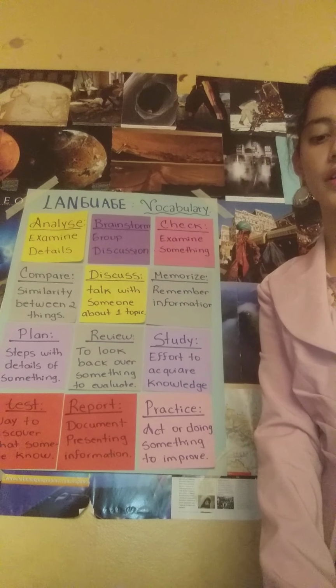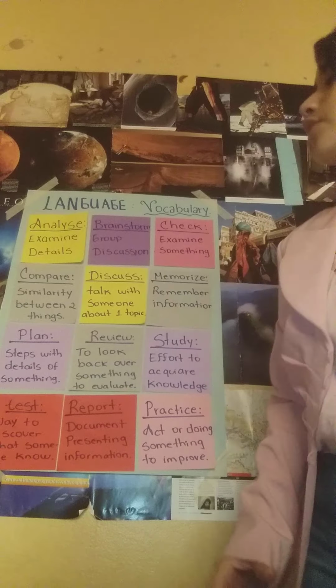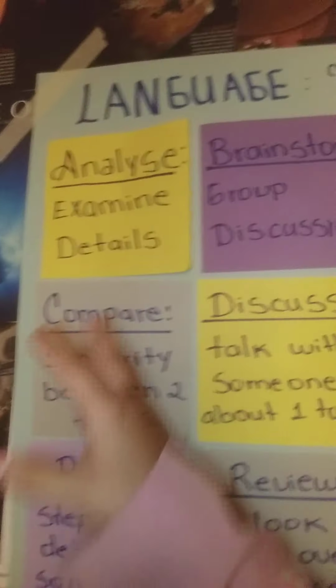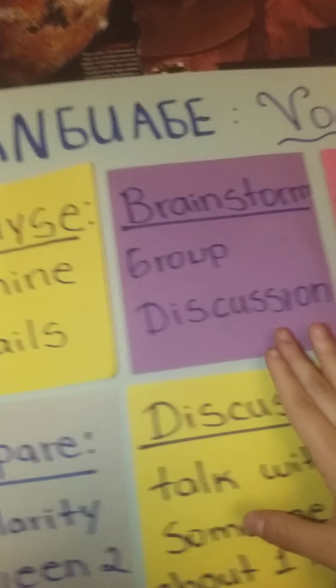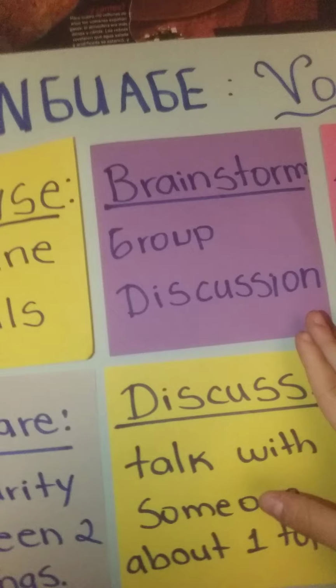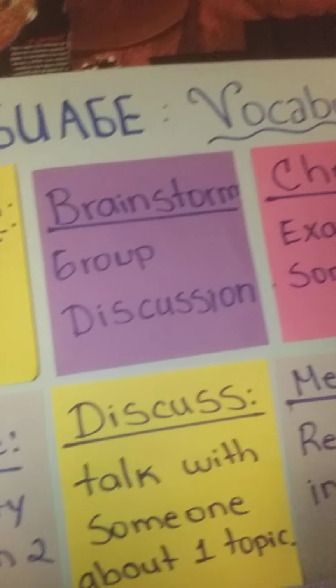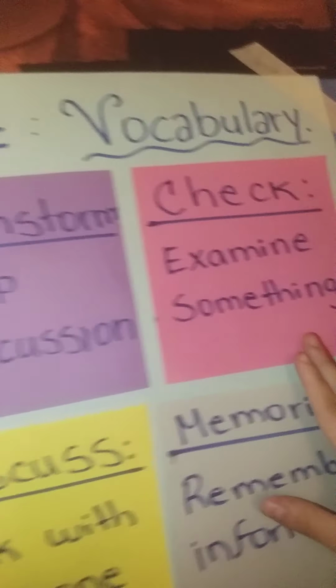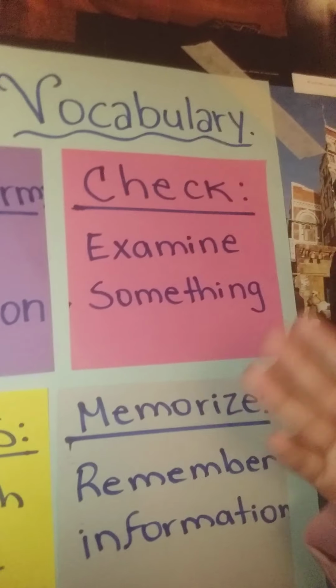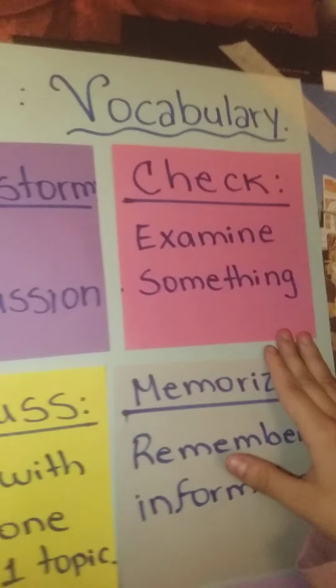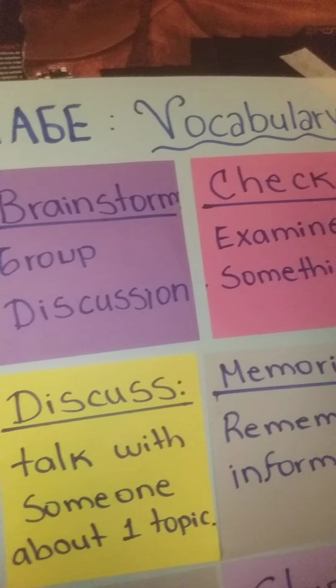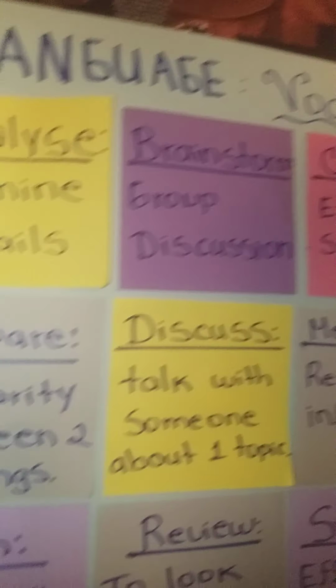So we're going to do the review of the class. We have the word analyze, that is to examine details; brainstorm, that is a group discussion about opinions and ideas. We have check, that is when you examine something in order to see the characteristics or the condition of those things.